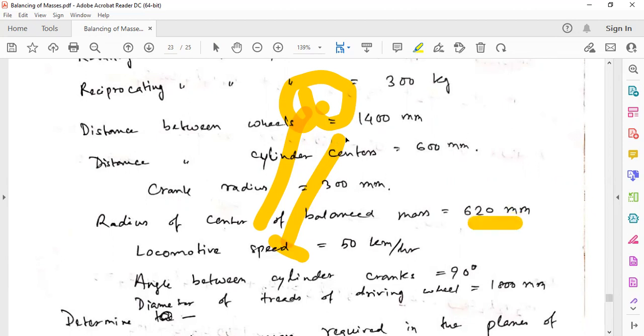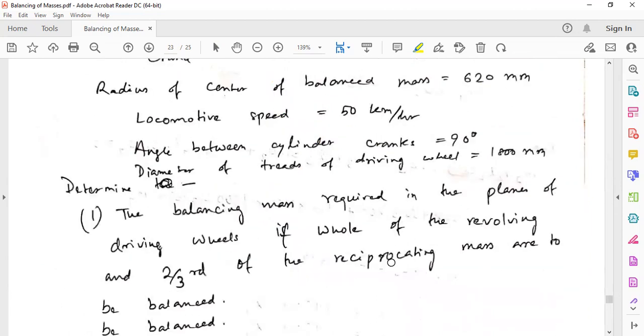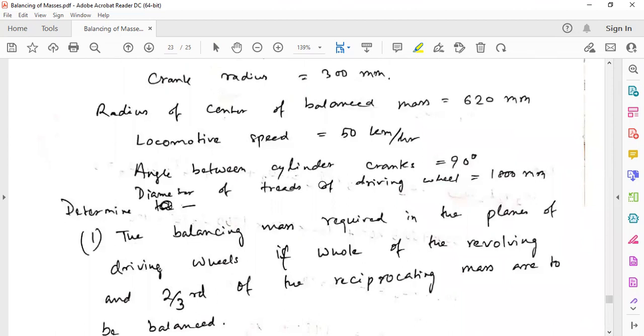Our locomotive speed is 50 km per hour. Then angle between cylinder cranks is 90°. Diameter of treads of driving wheel is 1800, so this is the diameter of the wheels.